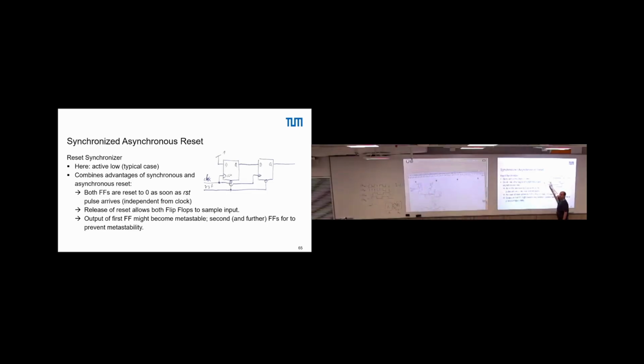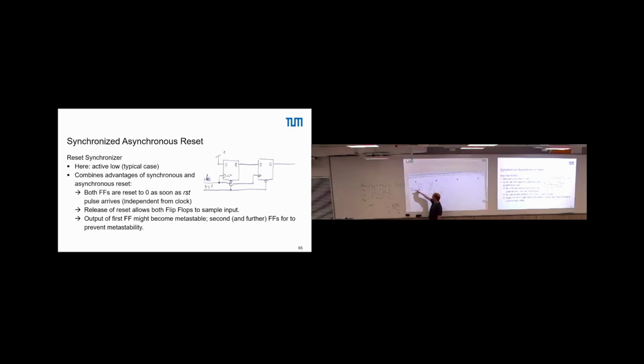Okay. Now, this looks like that. Here I have another flip-flop. Why? We know if we are unlucky and we arrive here on some intermediate state, we may fall into a metastable state, right? How can this happen here? This one here is perfectly stable. But clock and reset are asynchronous.